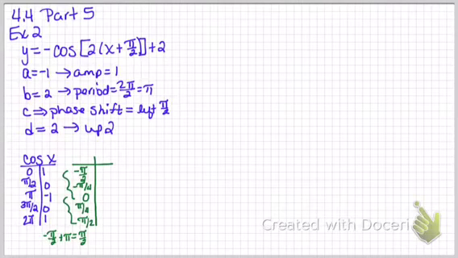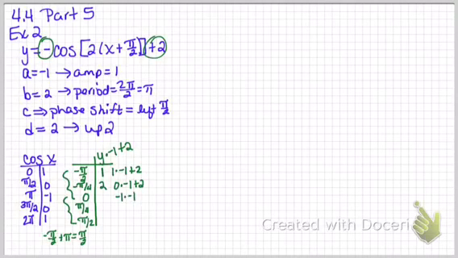Now for my y's, I'm going to do what it says. It says times negative 1 here at the beginning, and it says plus 2. So we're going to take our y values, multiply by negative 1, and add 2 to them. So 1 times negative 1 is negative 1, plus 2 is positive 1. 0 times negative 1 is 0, plus 2 is positive 2.